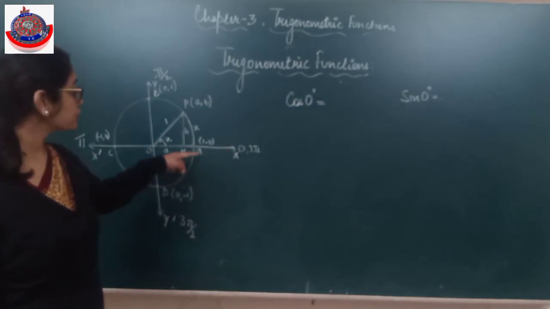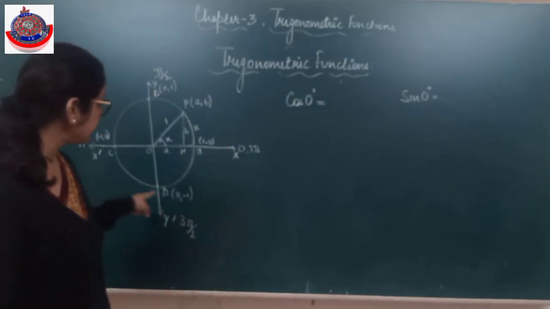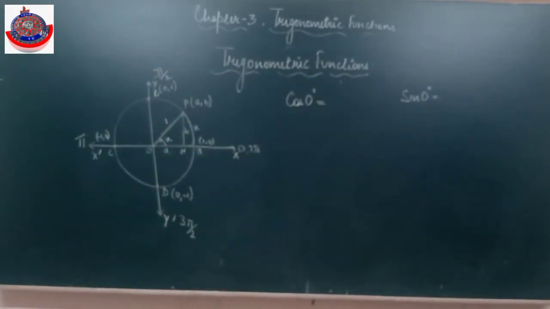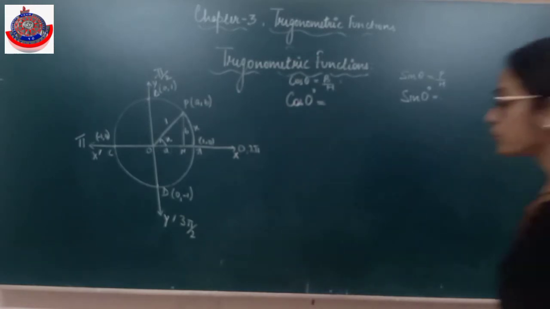You know that the coordinates of A, B, C and D are: A is (1, 0), B is (0, 1), C is (minus 1, 0) and D is (0, minus 1). Now see this, I'm just deriving one; the rest, you know the coordinates.